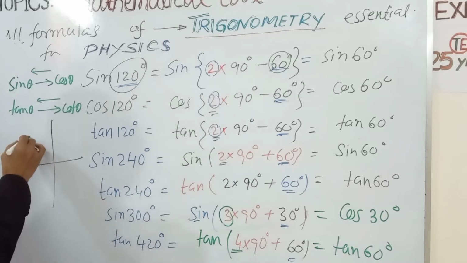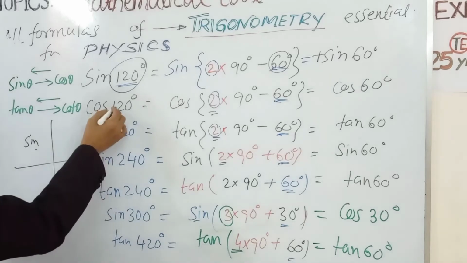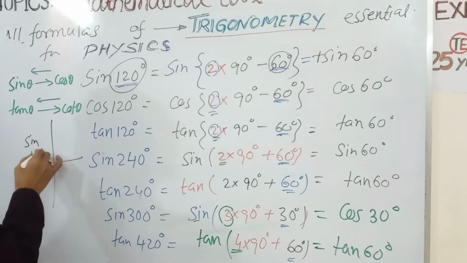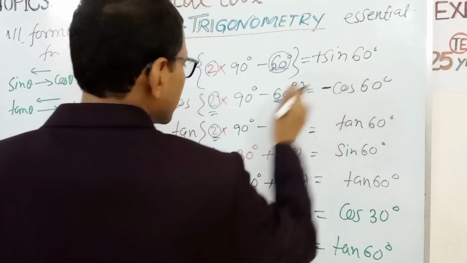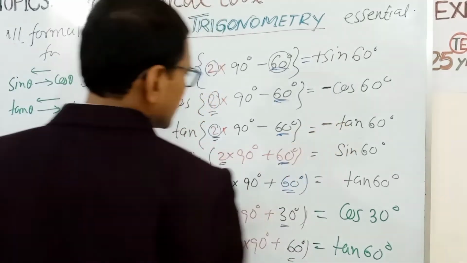So here sine becomes positive, so this becomes positive. Now cos 120 degree, 120 degree is in the second quadrant, so cos is negative, so you give negative here. Tan 120 degree, second quadrant, tan is negative.